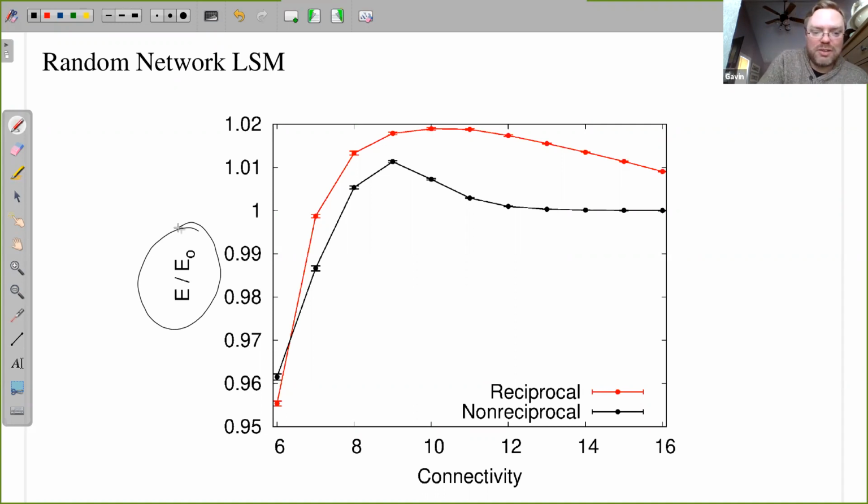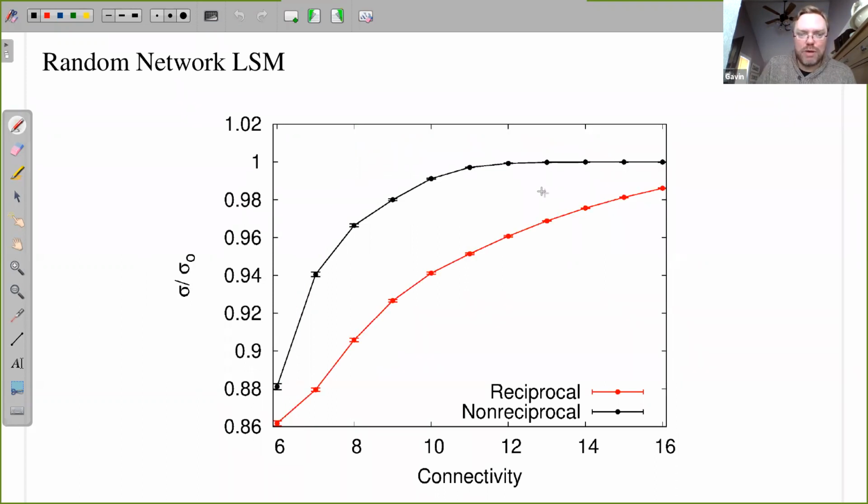When you only have a connectivity of 6, it's difficult to get there. You're going to have some regions where it just doesn't behave properly. But as you have a higher connectivity, it starts to get there, and you get this region where you're close to 1 now, and it matches pretty well.